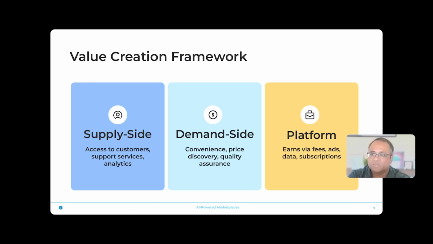Monetization, please don't get me wrong, monetization is as important as other things. But the problem I see is that it is the end result, right? Monetization happens because people on the supply and demand side can find value in your platform, and monetization happens as a result of that value creation.